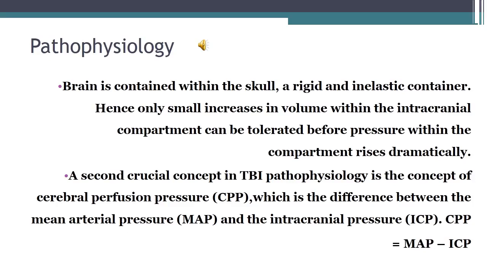A second crucial concept in traumatic brain injury pathophysiology is the concept of cerebral perfusion pressure, which is the difference between mean arterial pressure and intracranial pressure. This plays a very important role in the pathophysiology of traumatic brain injury.